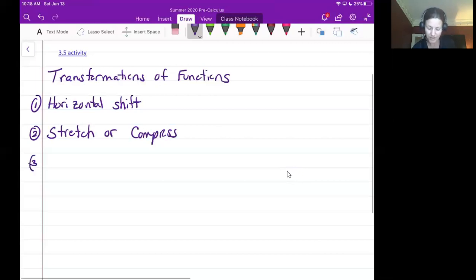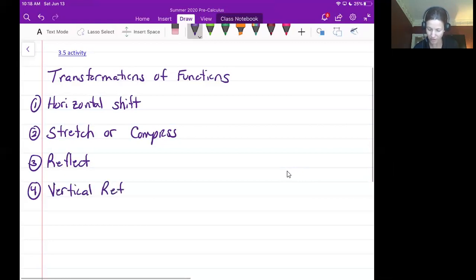The third thing you want to do is reflect it. And then the last shift you want to make is a vertical reflection. I'm sorry, a vertical shift. And this stuff kind of is related to order of operations. And so what we're going to look at is where these pieces of the transformations occur.